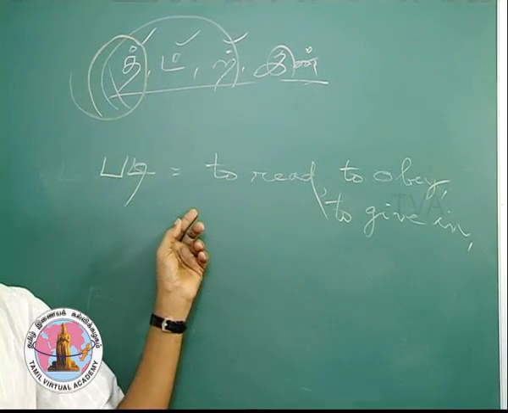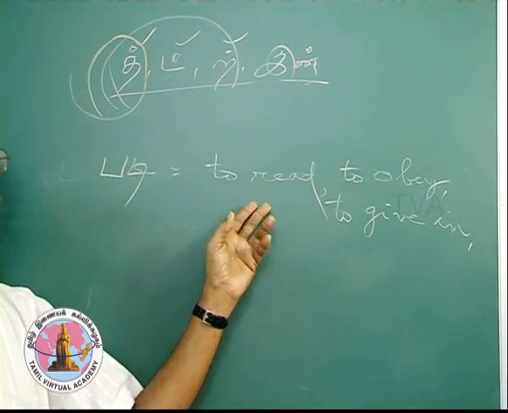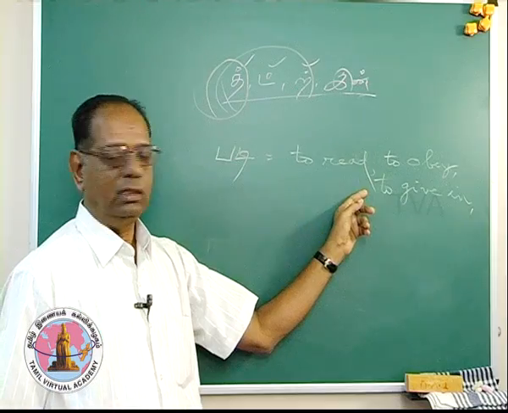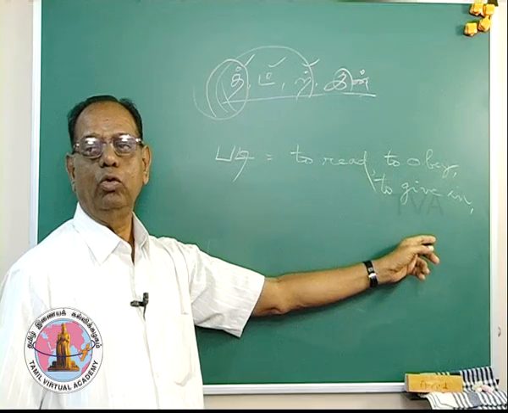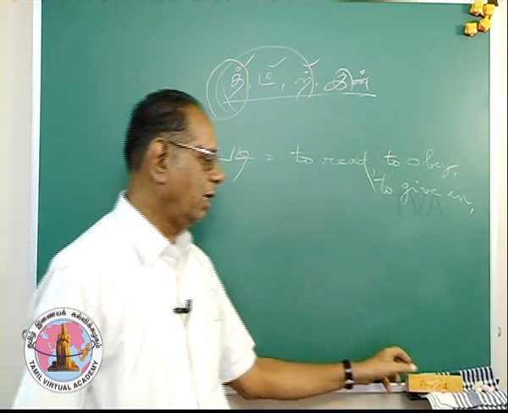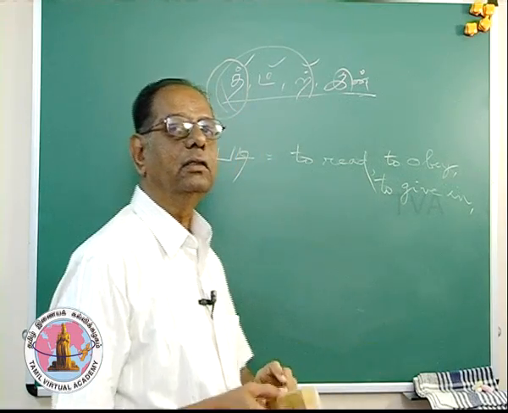Padi is a verb which has two meanings. One is to read and the other is to give in or to obey. How do you make the difference?